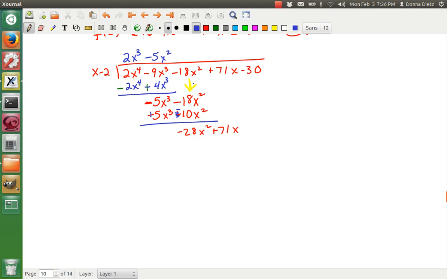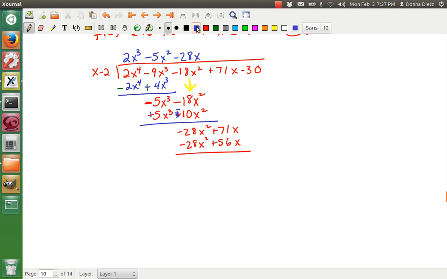Okay, so how many times does negative 28x squared go into x? Okay, so we want minus 28x. So we get minus 28x squared down here. And then positive 56x goes here.